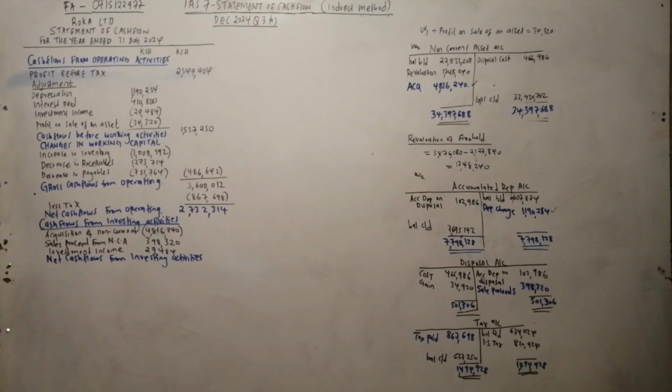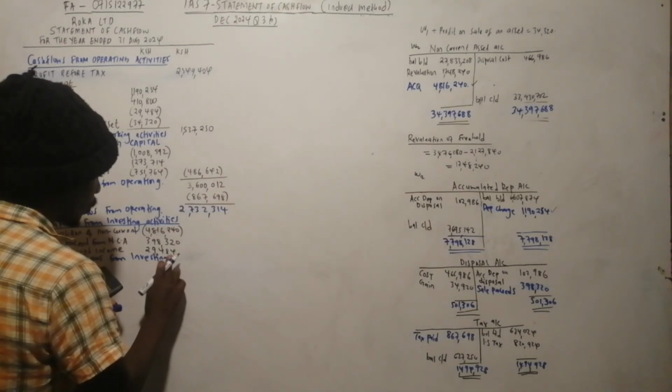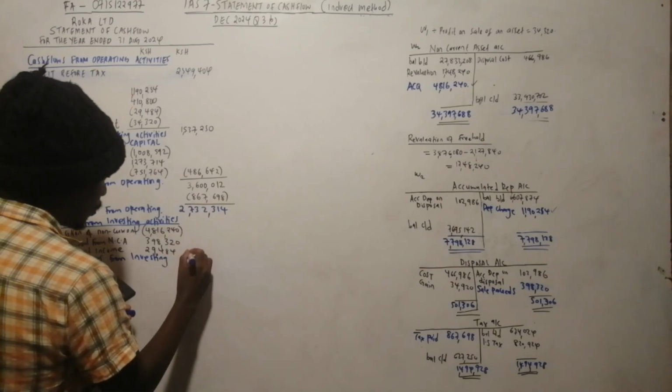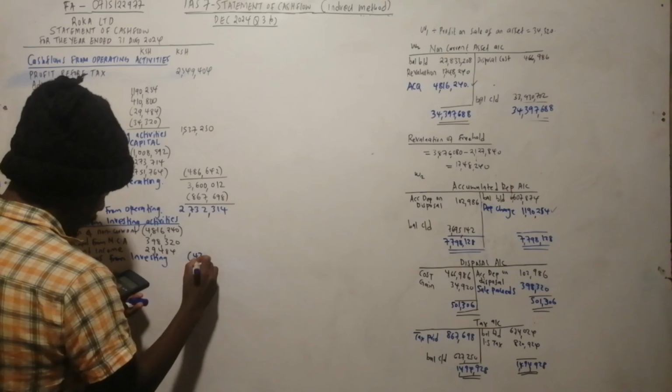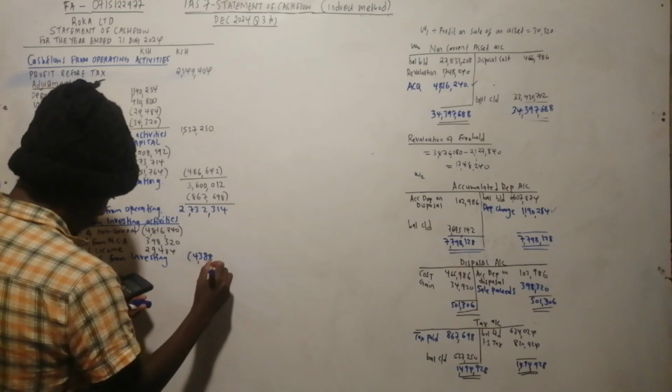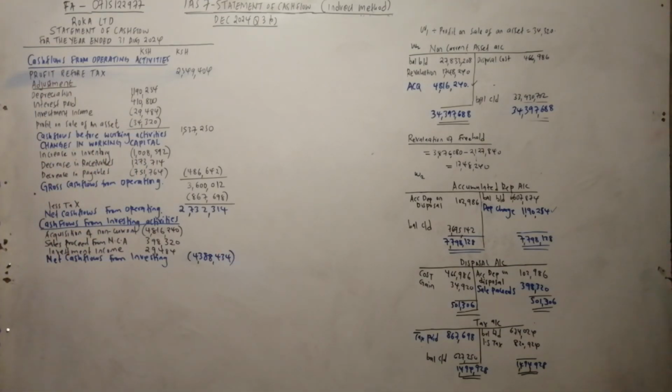Let me remove the word activities. You know it is investing activities. Ndio itoshe hapa. Tunasema ni 43 88 434. I think that one is okay.